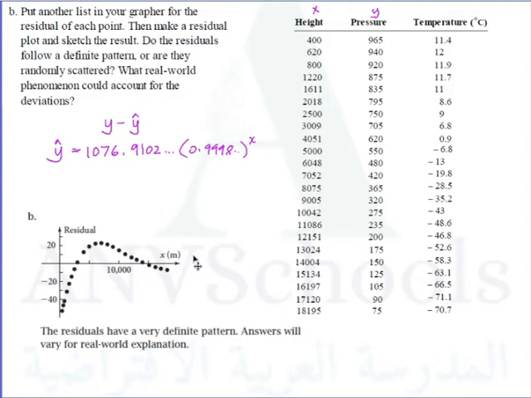But we are already done, from 400 to 18195 for your x. So they have a very definite pattern.